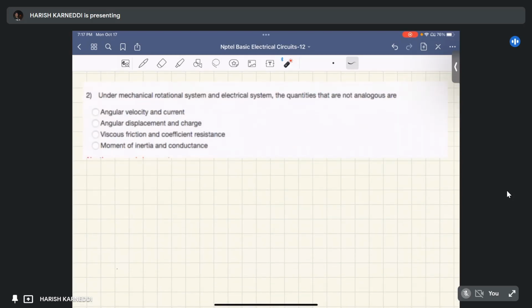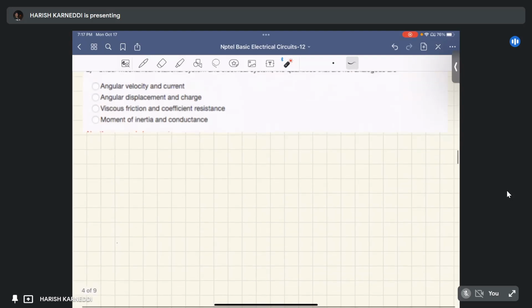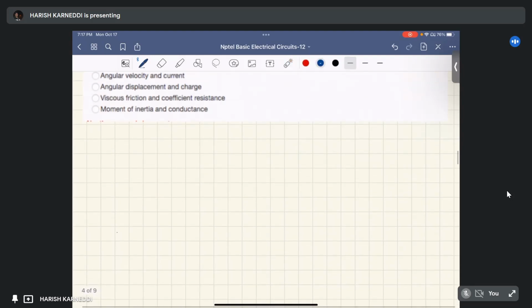The next question is: under mechanical rotational systems and electrical systems, the quantities that are not analogous are. It means under the mechanical rotational systems, we can quickly draw the mechanical rotational system.